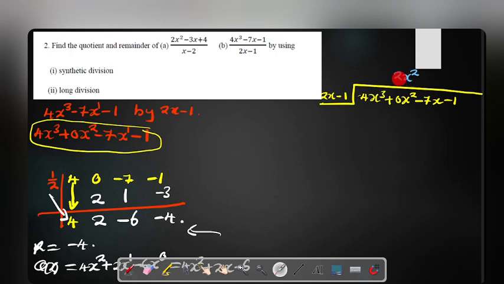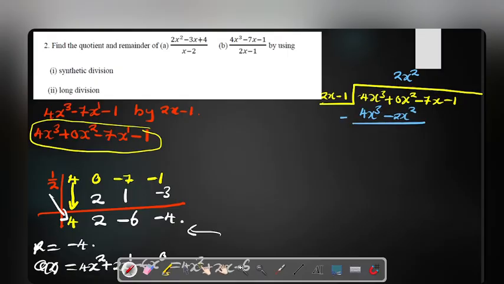Now 2x squared times 2x gives 4x to the power 3. Then 2x squared times negative 1 gives negative 2x squared.